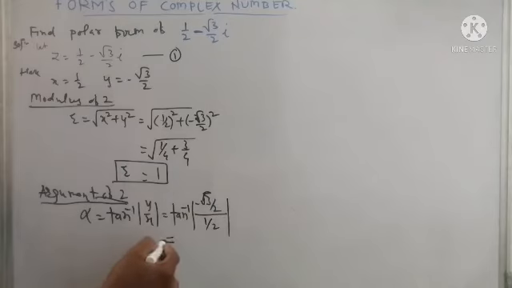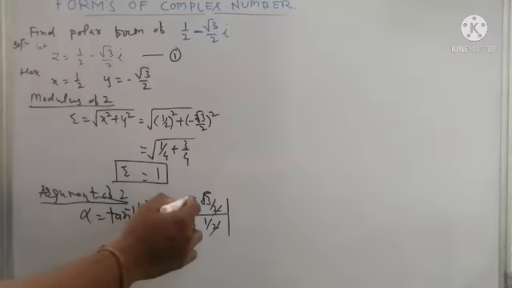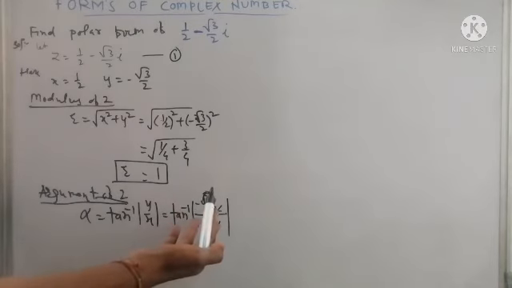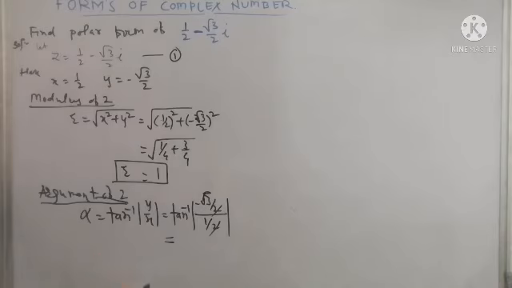By simplification, cancelling 2 as it is equal in the denominators, we get root of minus 3. But as it is in mod, the sign of minus changes to plus, so we get alpha as tan inverse of root 3. Now the angle having tan ratio root 3 is 60 degrees.